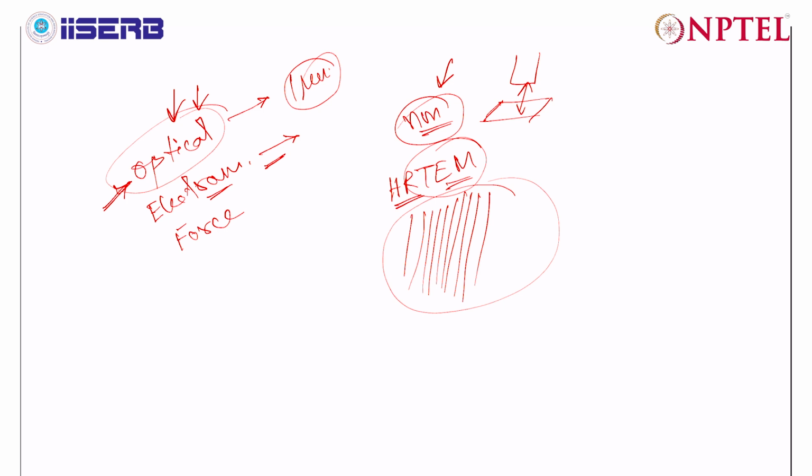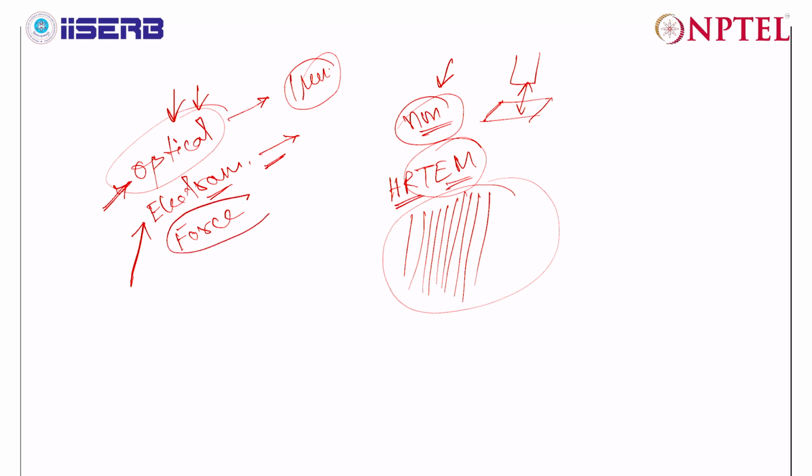So you can actually achieve a very, very small resolution, which is difficult, or in fact theoretically impossible, using optical microscopy. So we have a huge advantage of having electron microscopy.